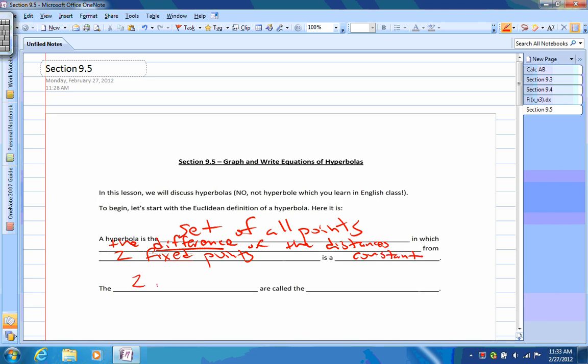The two fixed points are called, as usual, the foci.